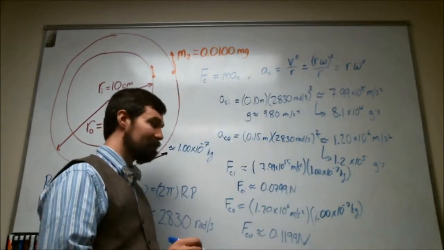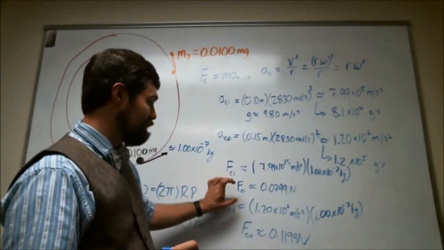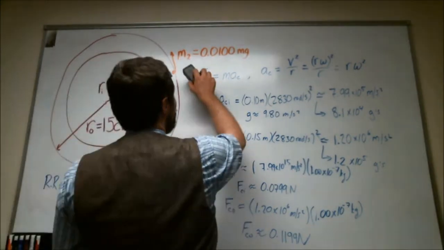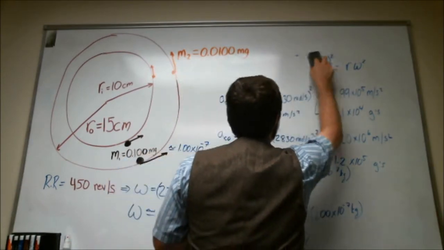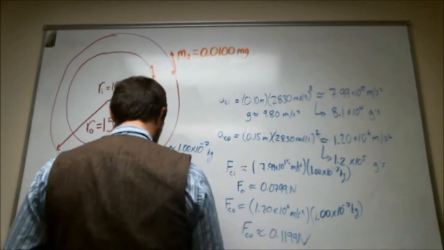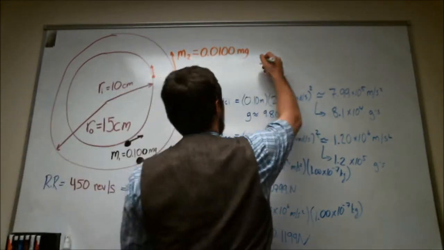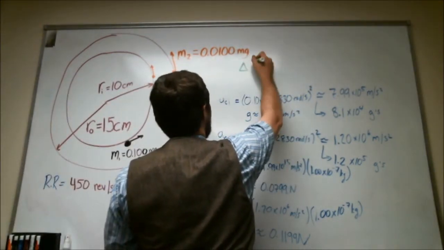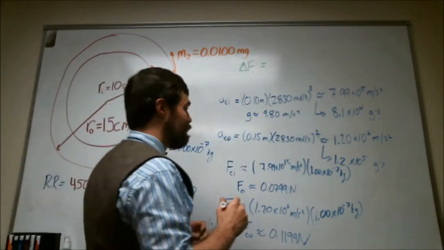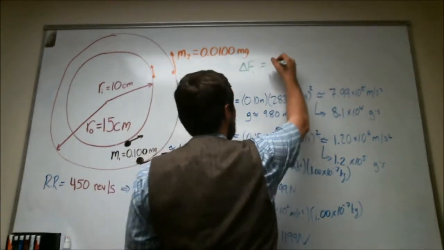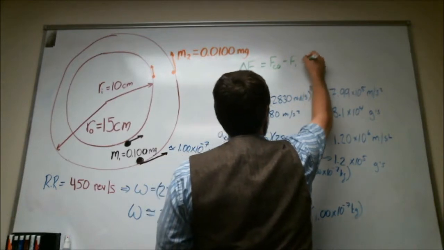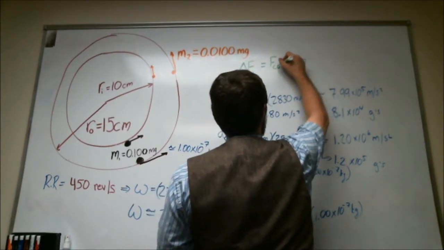So if you want to find the difference in force, you subtract the inner from the outer. So let's go ahead and erase some of this. Difference in force, therefore, delta F for object 1 with mass 0.1 milligram is going to be Fc outer minus Fc inner for 1.